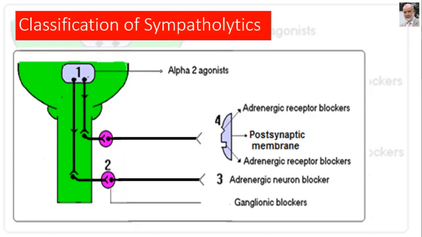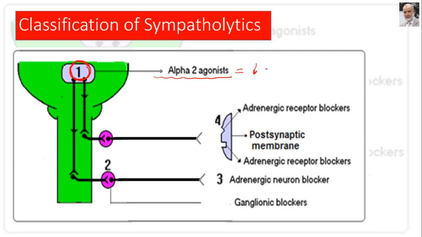What is the classification of the sympatholytics? They are classified, as you can see, into four major groups. First group, number 1, is known as centrally acting adrenergic sympatholytics. These drugs act as alpha-2 agonists. As we have said before, alpha-2 activity is always inhibitory.